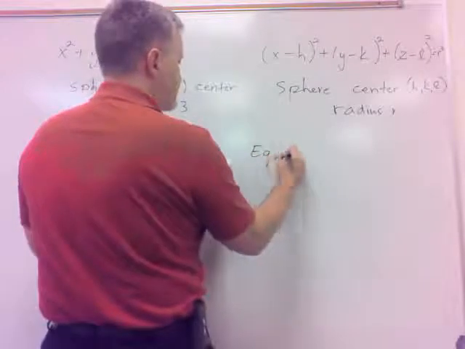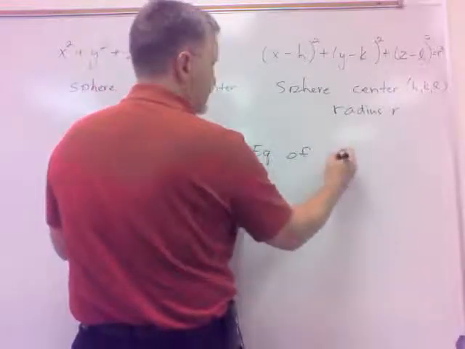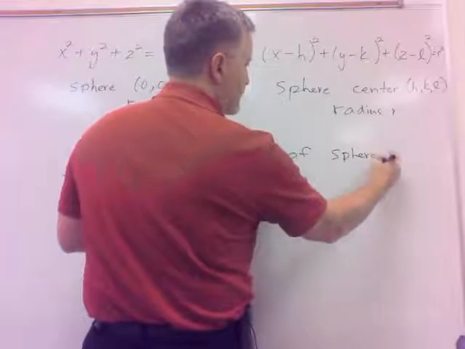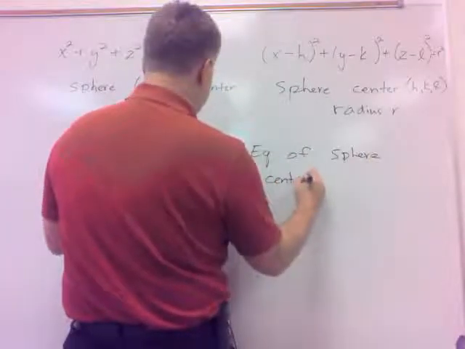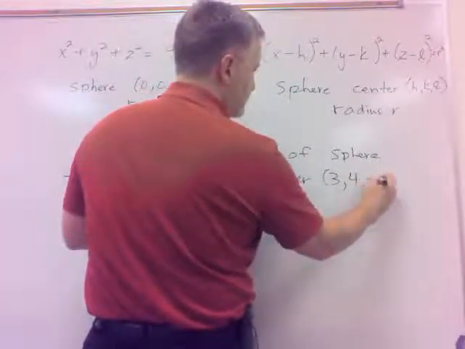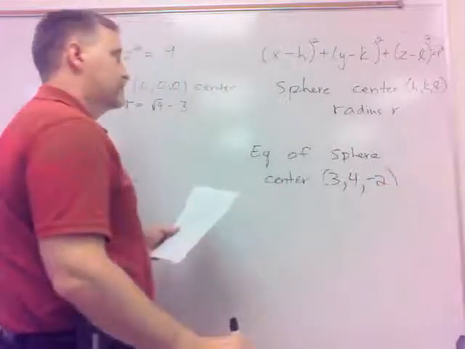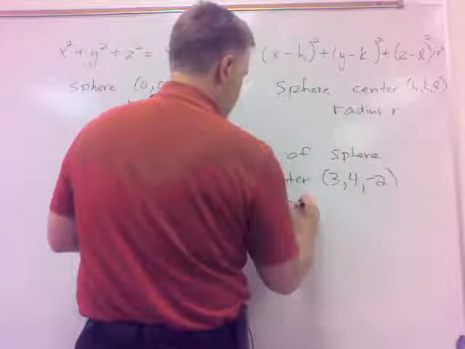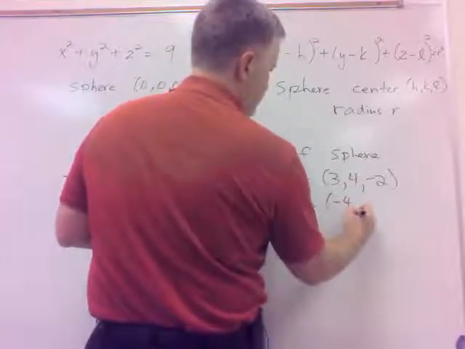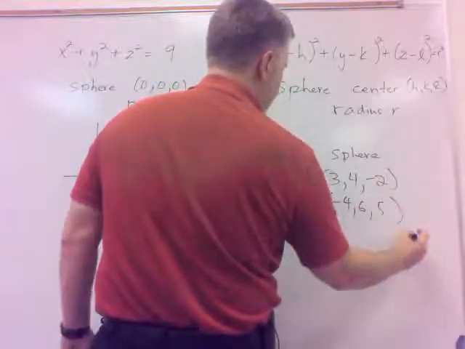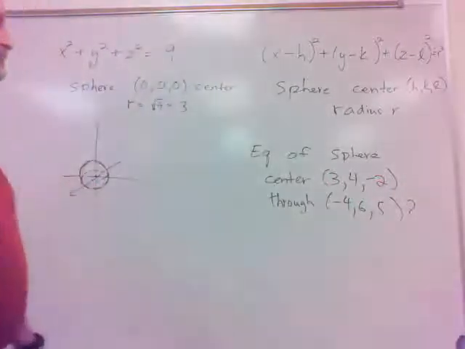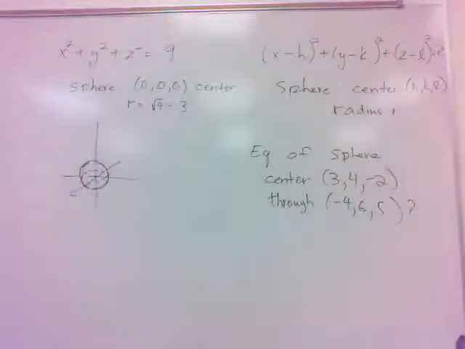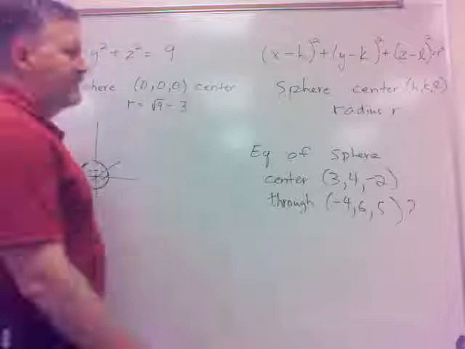What's the equation of the sphere, center 3, 4, negative 2, that goes through negative 4, 6, and 5? What would that equation be? Well, you need to know 2 things.